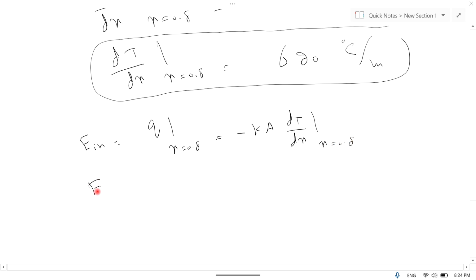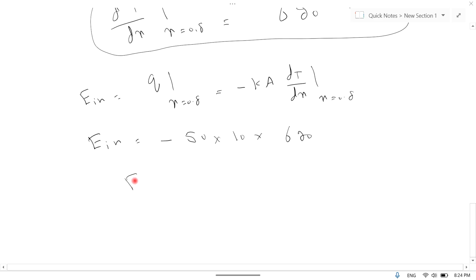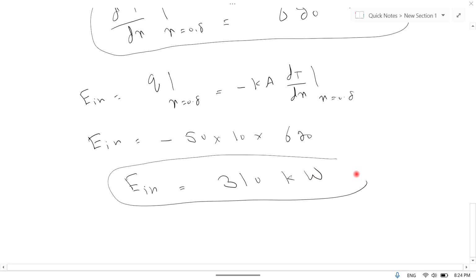The thermal conductivity is 50 watt per meter per Kelvin, the area is 10 square meter, and dT by dx at x is equal to 0.8 is 620. Simplifying, E in will be equal to minus 310 kilowatt.